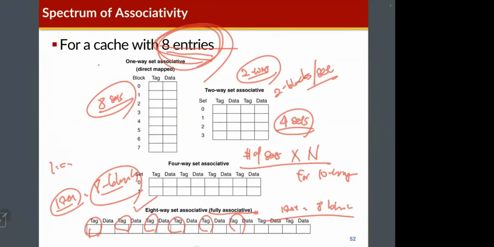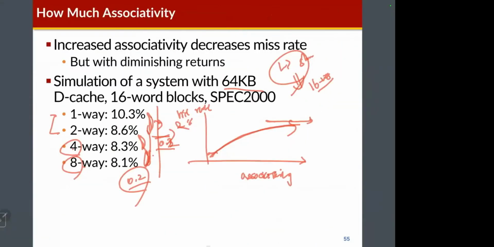We also learned about cache performance, and we can measure the performance of a cache using the cache miss rate or cache hit rate. If we use the direct mapped cache, the cache miss rate is relatively high.